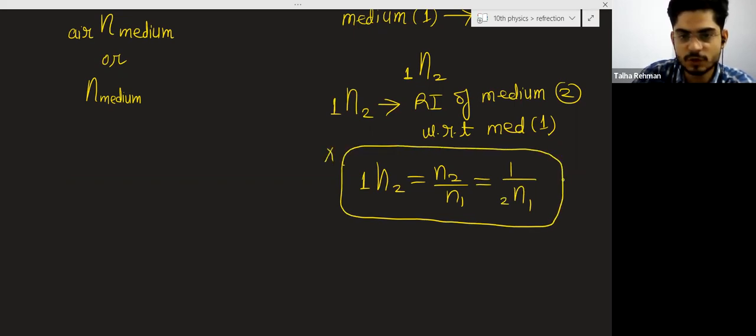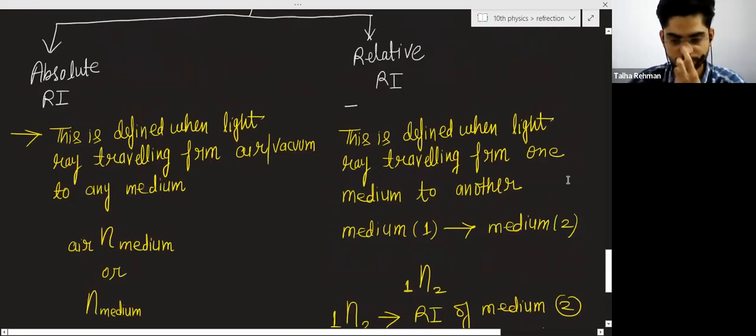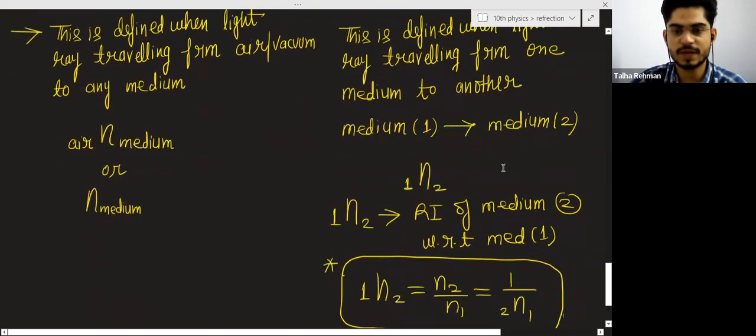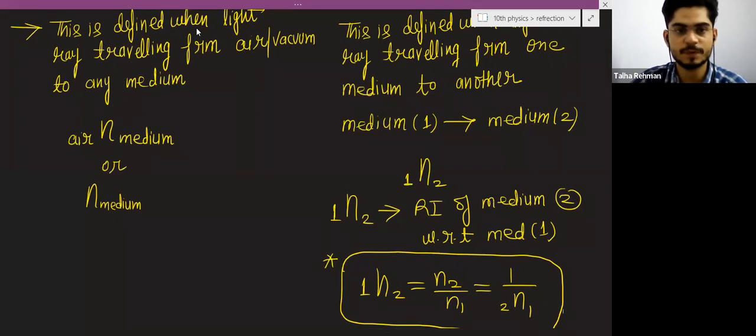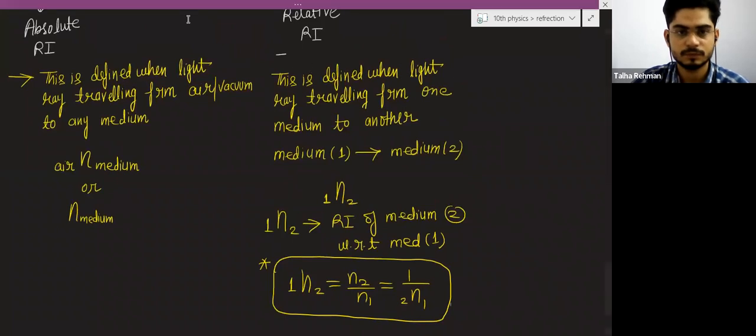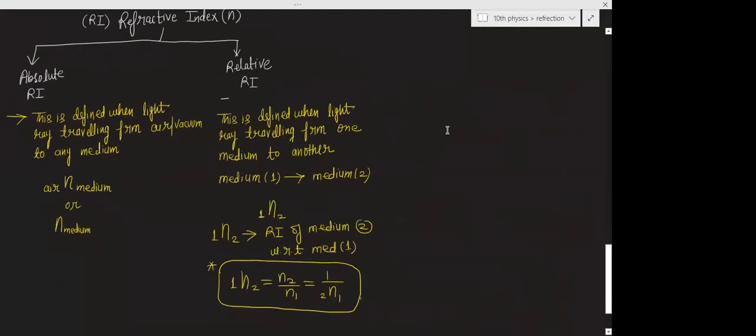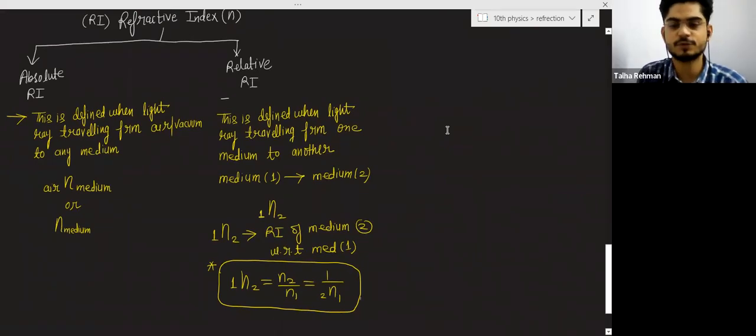So Azaan, this is one of the very important topics, and just write it down in your copy in a proper way. Okay, sir. This is one of the most important topics and very confusing also for the students.